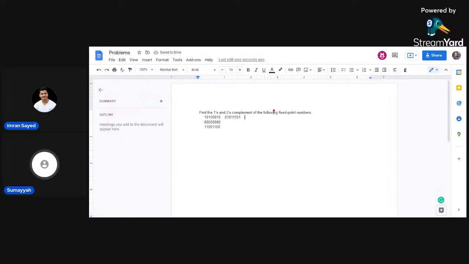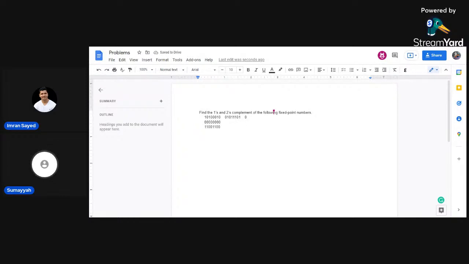Go ahead. When you add the number with its ones complement, the sum will be all ones. Then with the twos complement, you add 1 to the ones complement. So an easy way to do this is, starting from the least significant bit, you write the same digits up to the first one.